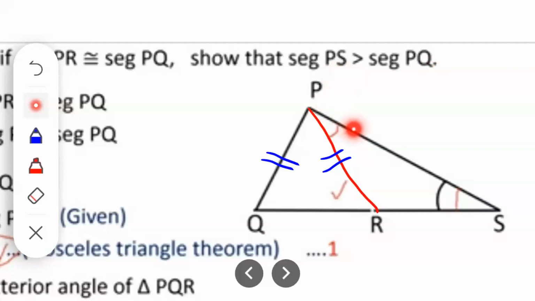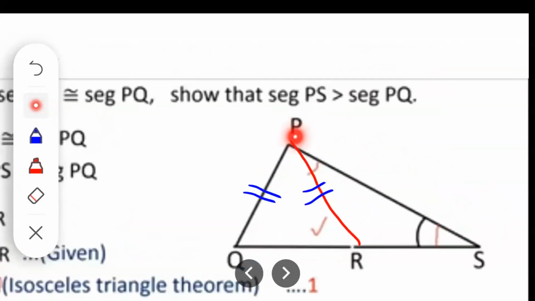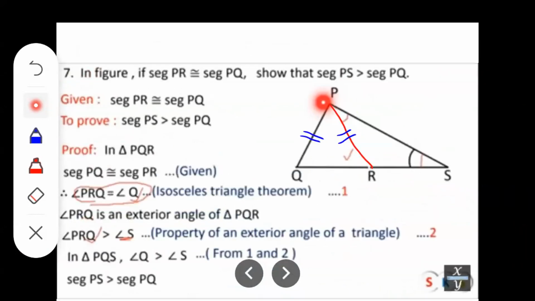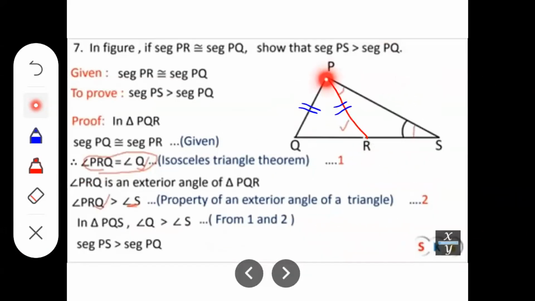PS, that is the side. PS is greater than PQ. Okay, this PQ. Now see, PQ and PS are sides of a triangle. The greater triangle is PQR.